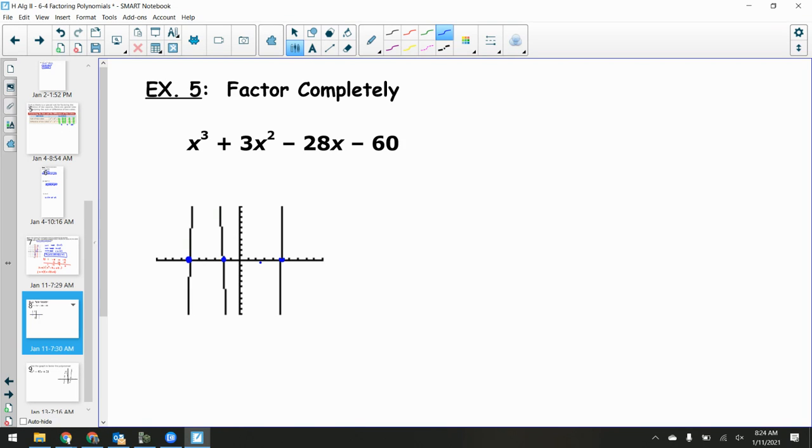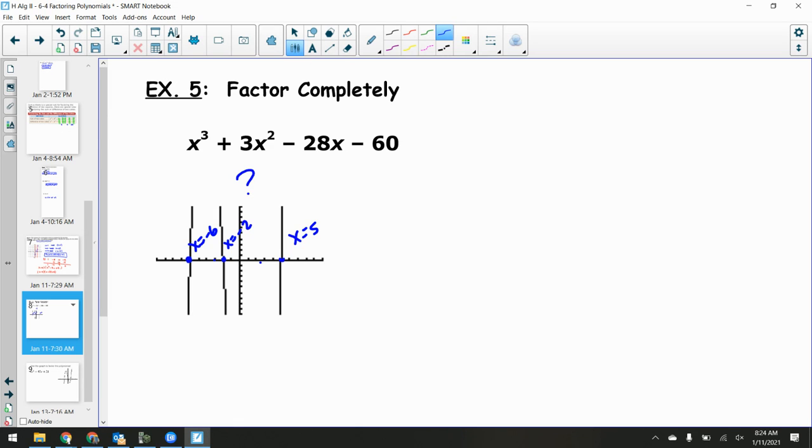So we think x equals 5. We think x equals -2, and we think -6. Are we very sure? No.